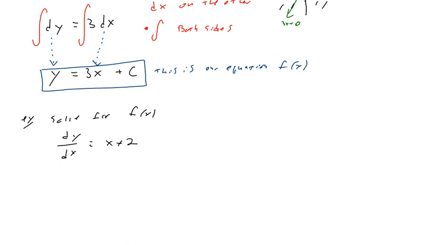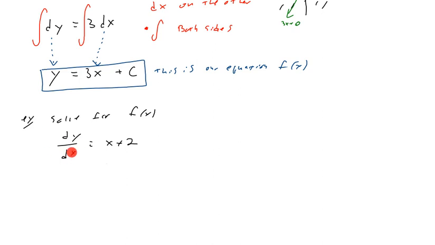So here, we're going to do the same thing that we did above. We have to move the dx to the side over here with the x's, because the dx goes with the x's. If there were any y's in this equation, the dy would go with the y's.